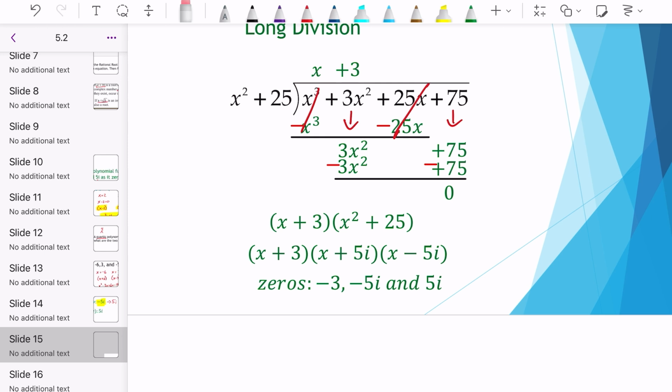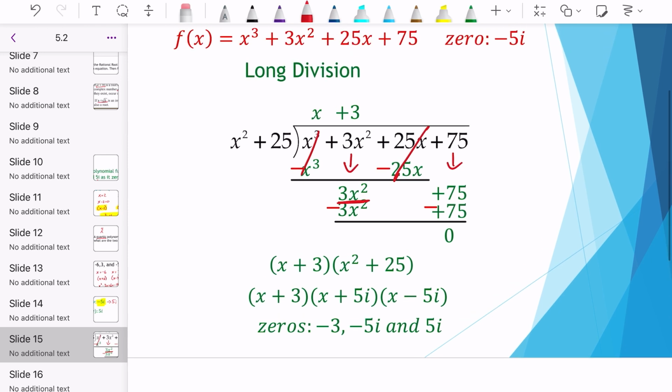We repeat the entire process once again. 3 times x squared would give us that 3x squared that dropped down. We're using a positive 3 because remember, we want 3x squared that has dropped down. When subtracted with a positive 3x squared would leave us with 0.